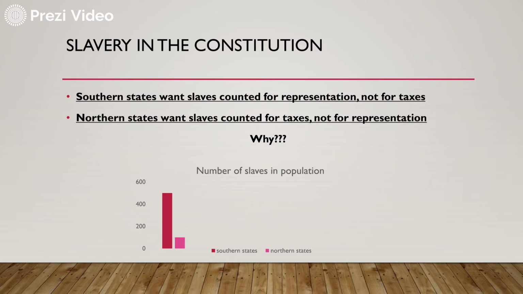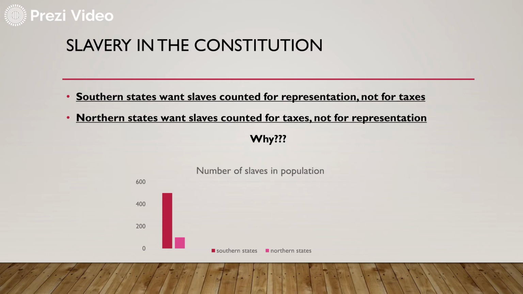There was a lot more farming and agriculture in those states, which required a lot more labor, and slavery, if you're not familiar with that, is the forced labor and servitude of other human beings.